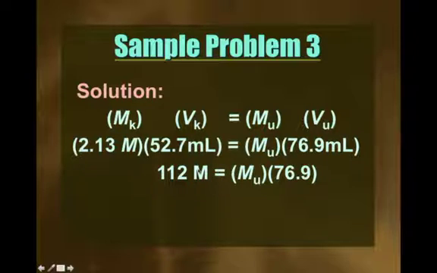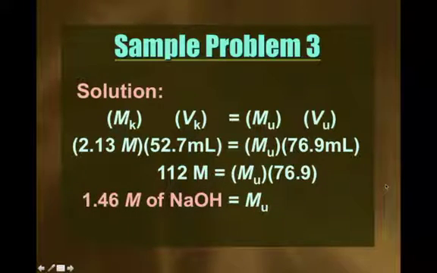What the slide does is multiply those two numbers to get 112 equals M_u times 76.9. You guys can do basic algebra here. Divide both sides by 76.9, and when you do, you get 1.46 molar solution of sodium hydroxide. So titration mathematically is very, very easy. Okay.